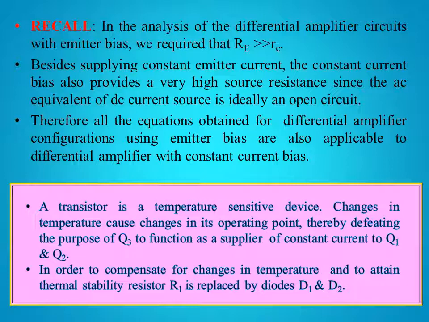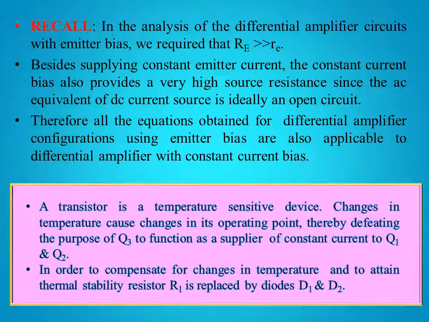If we are using it for a longer run, then the temperature of the circuit keeps on growing, and if the temperature changes, then because of transistor characteristics, the operating point also changes, and the purpose of applying Q3 is not fulfilled. It is not able to supply constant current to Q1 and Q2.